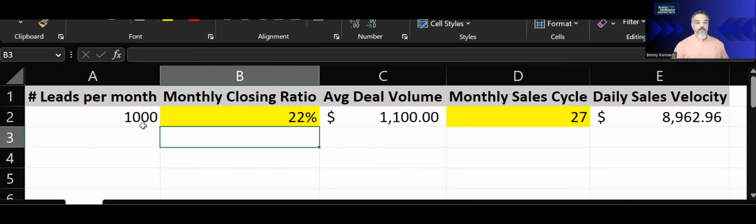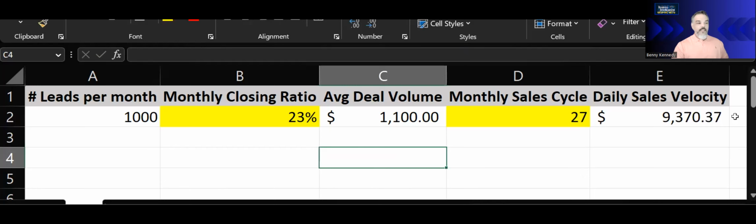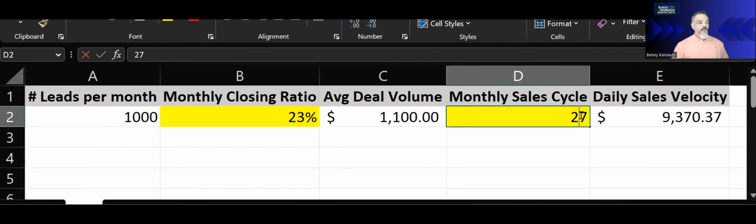If you can allocate more resources toward adding more leads and keep your sales team at a standard, and then start to incrementally change 1%, just 1% of a change significantly increases your daily velocity. If you just work one bitty bit to go down 1 point to 26 days, you jump.